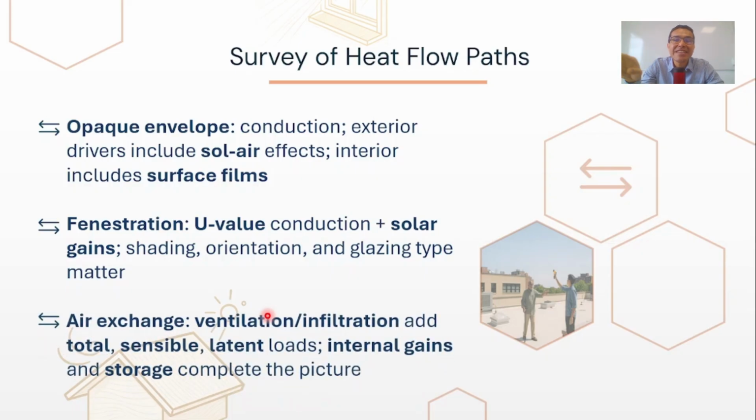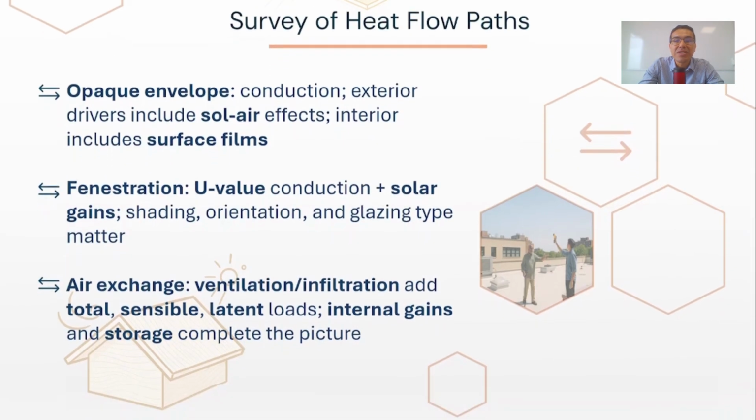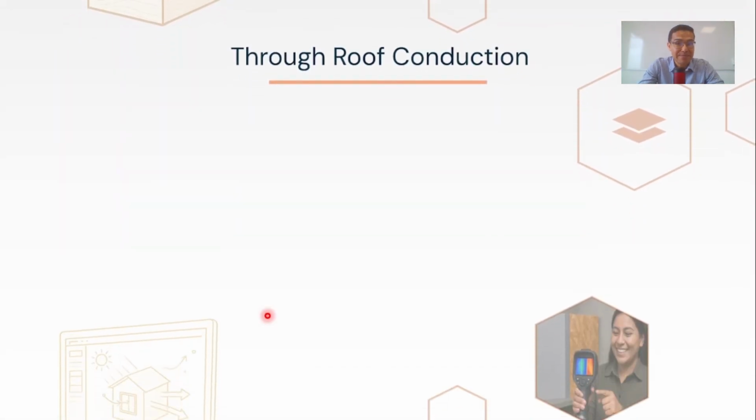This is the air moving into the building through either ventilation or infiltration. This air carries both heat and moisture, which is why we need to track both sensible and latent loads. When we combine all of this with the heat from people, lights, and equipment, our internal gains, we have a complete picture of all the forces at play.